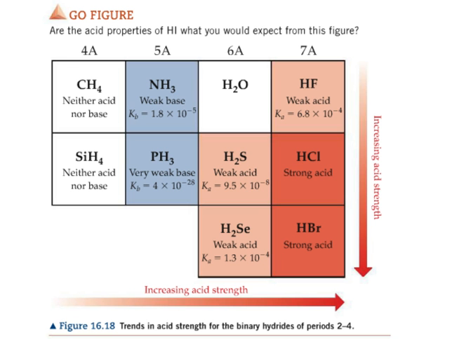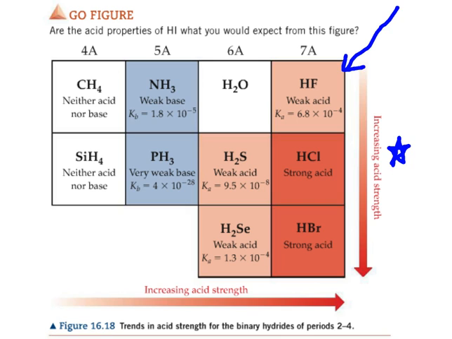With all this in mind, the trends identified in figure 16.18 are no surprise, especially the trend going across the periodic table. We're not surprised to see as we go to the right toward more electronegative anions that the acid strength increases. What may be a little bit surprising is what happens as we go down the group.